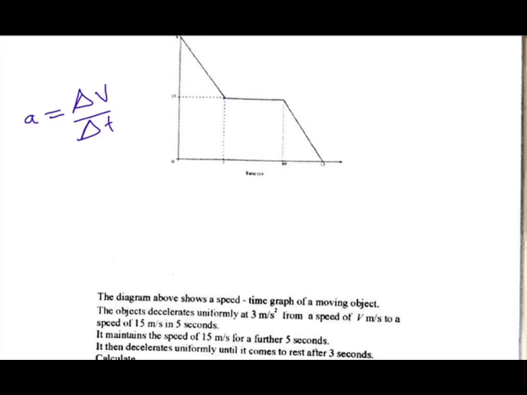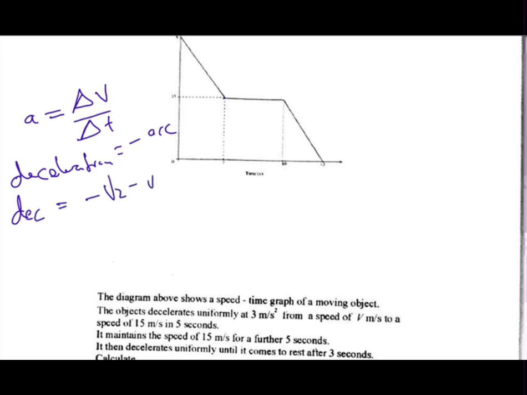So acceleration equals change of v over change of t. Now acceleration is equal to negative deceleration. So deceleration, on the other hand, is equal to negative acceleration. So the deceleration which we want to calculate is equal to minus change of v over change of t.